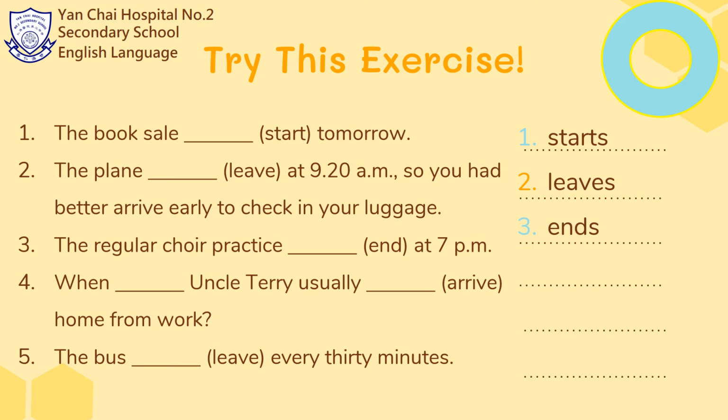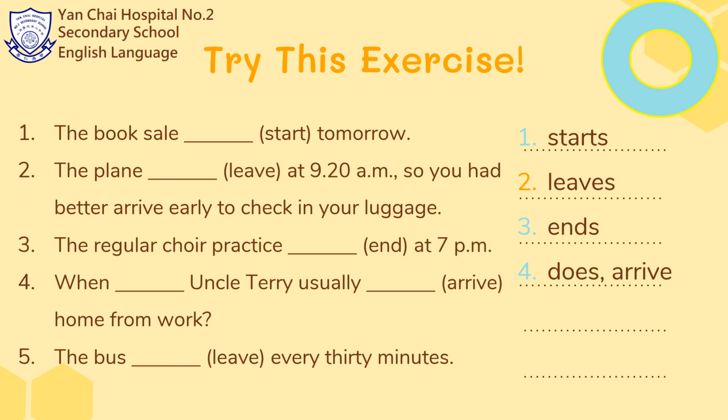Question 4. When does Uncle Terry usually arrive home from work? So here we use simple present tense because of the word when. So again, for the first blank we use do or does or did.